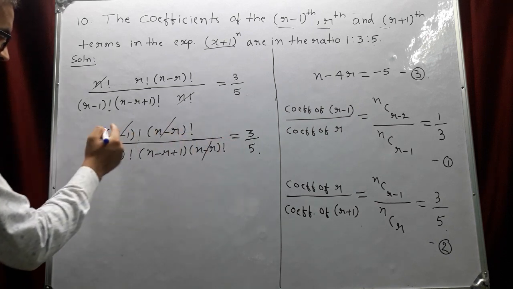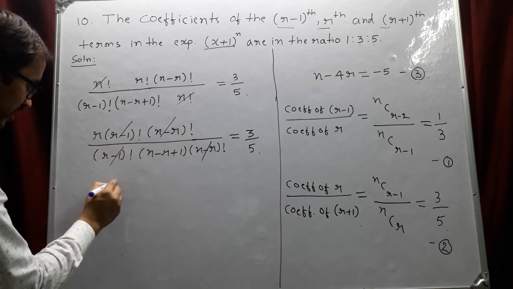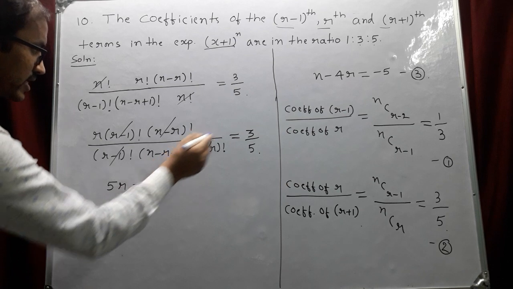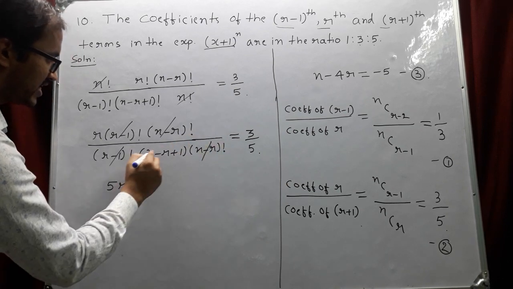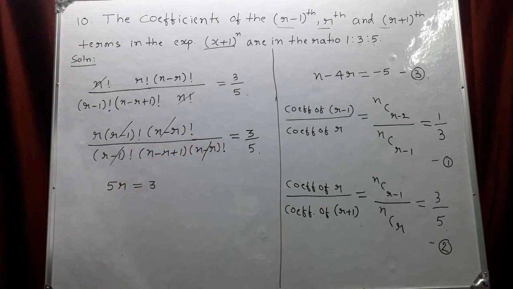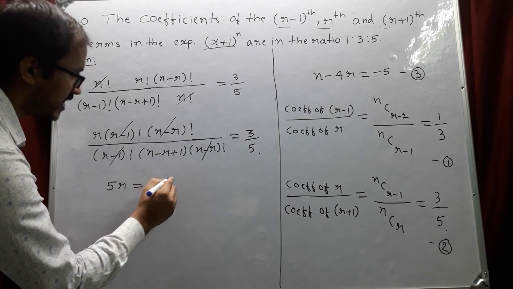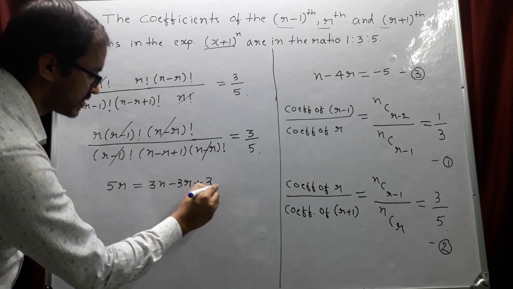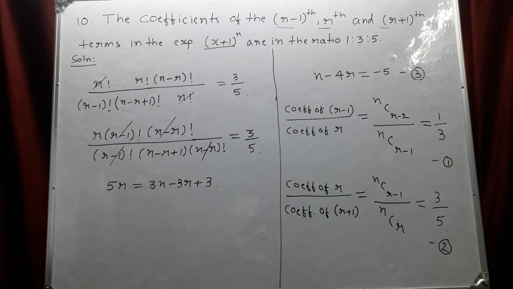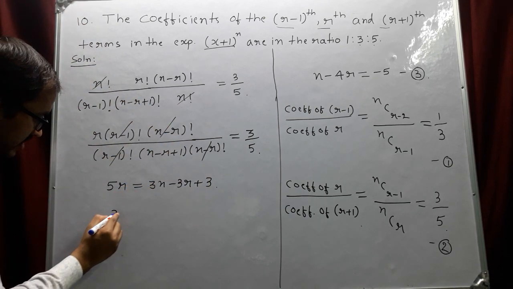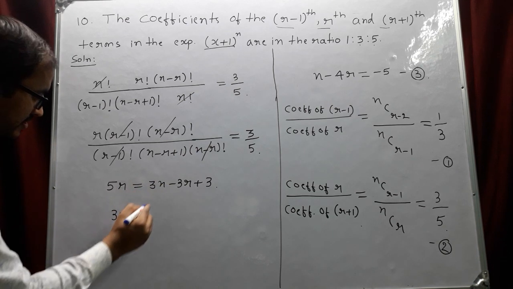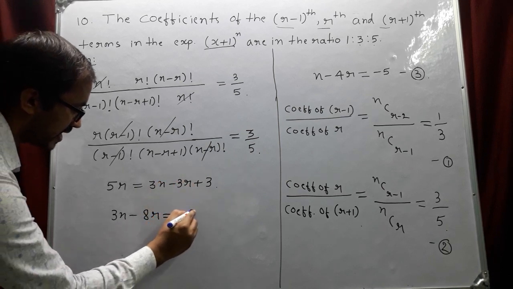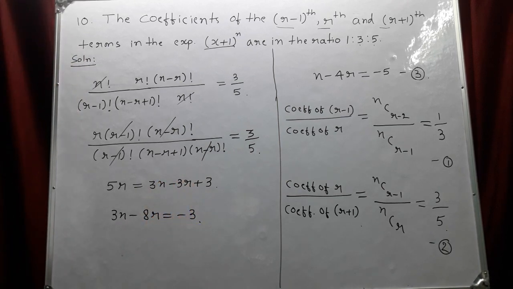So if you cross multiply, so what will we get? 5r is equals to 3 times n minus r plus 1, that is 3n minus 3r plus 3, or 3n minus 8r is equals to minus 3.